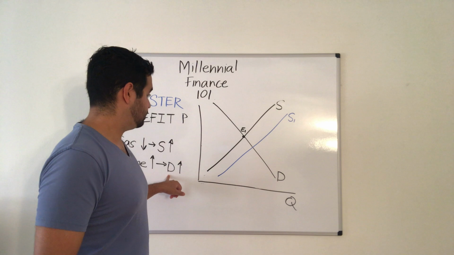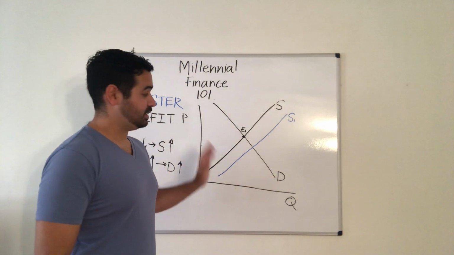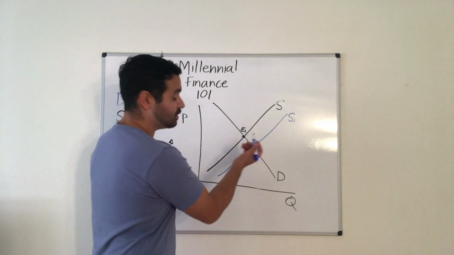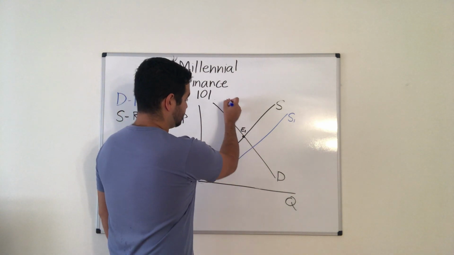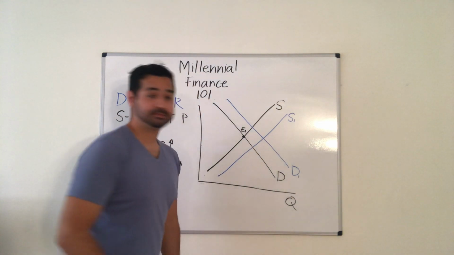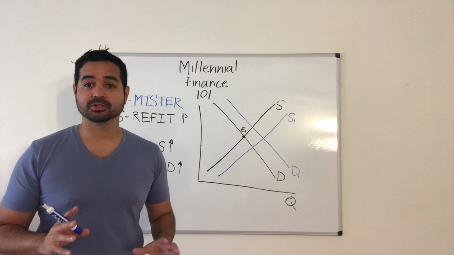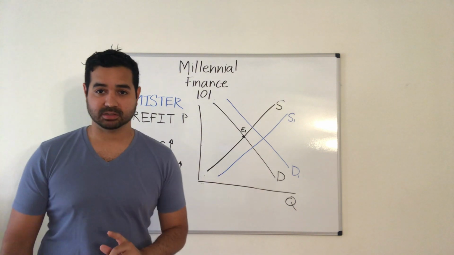Now we also know that our demand curve is going to increase. So an increase in demand is a shift right. So I'm going to call our new demand increase D1. Our only conclusion right now is that supply is going to increase and demand is going to increase.